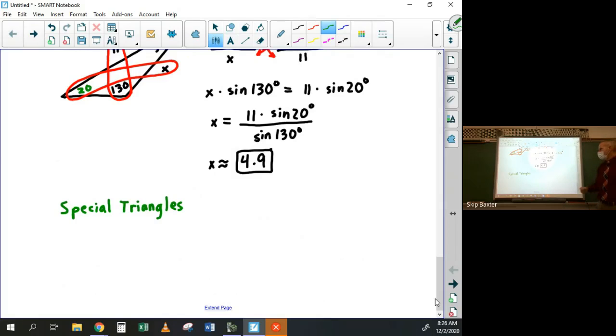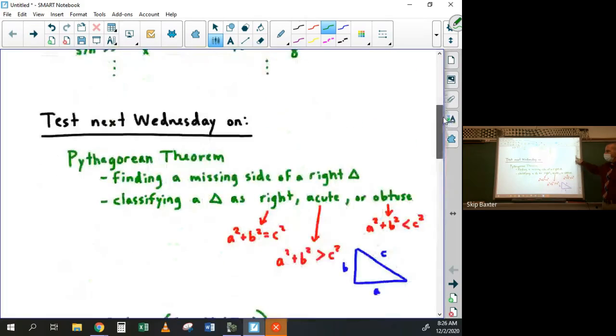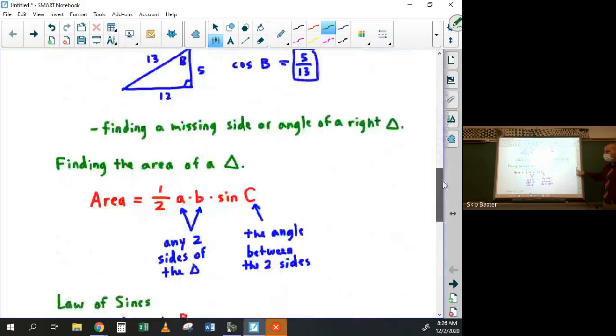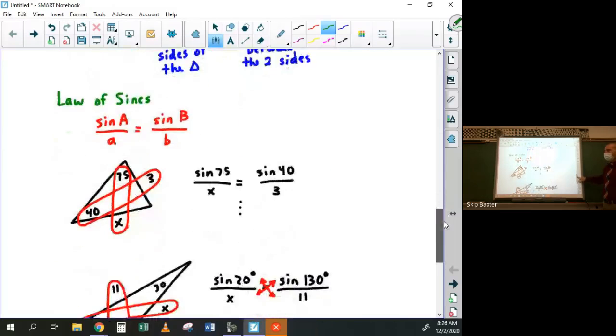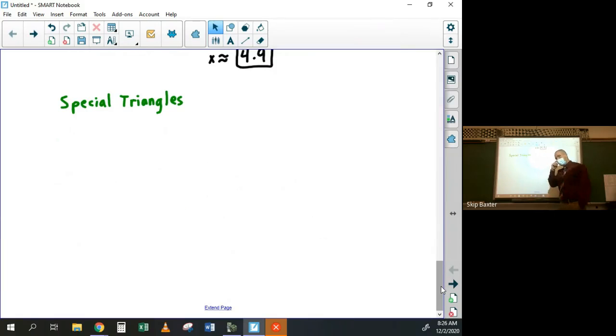But that's the deal for the test on Wednesday: Pythagorean theorem, trig, area of a triangle, law of sines, and special triangles. So the homework that's listed in Delta Math as being tonight's homework will actually be tomorrow night's homework. I'll fix it, but that's the deal with that.